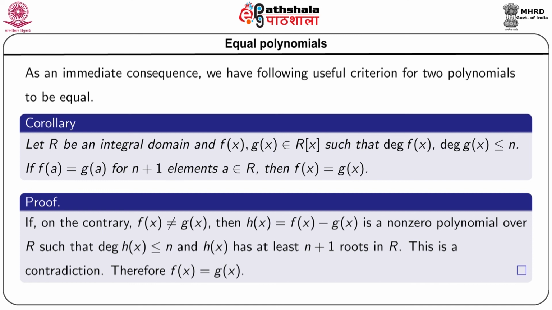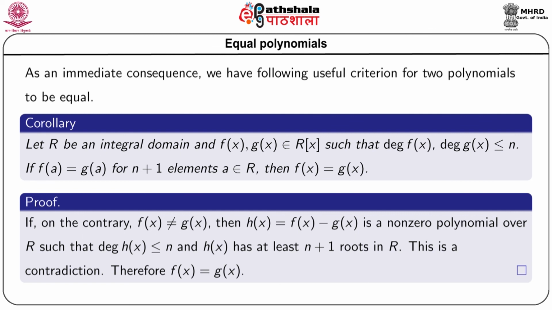So, assume on the contrary that f(x) and g(x) are not the same polynomial, then h(x) equal to f(x) minus g(x) becomes a non-zero polynomial over R, and since the degree of h(x) is less than or equal to n, if we can show that h(x) has at least n plus 1 roots, the conclusion will contradict the previous result.